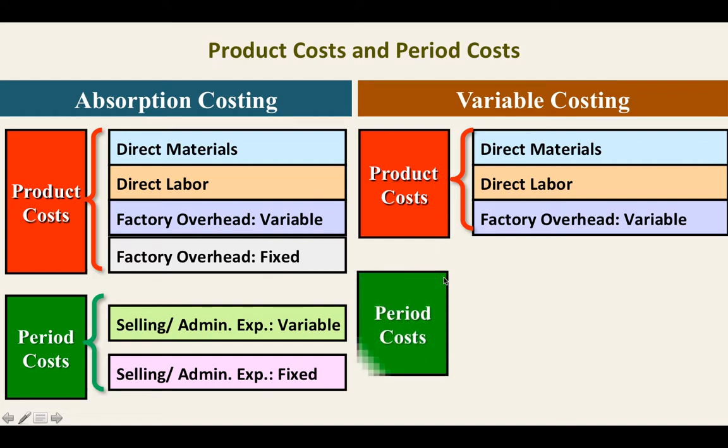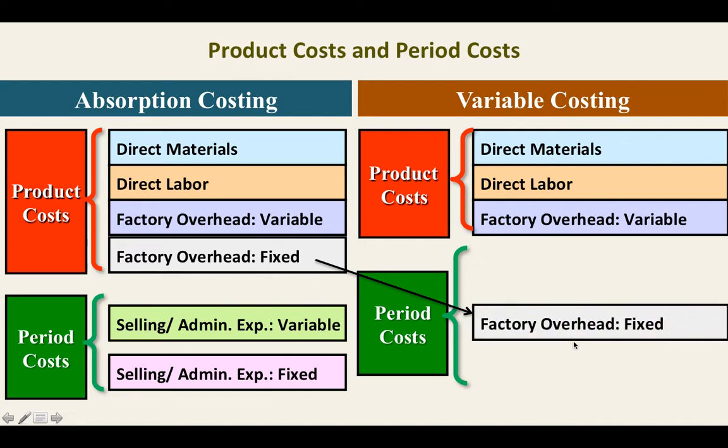Sa period cost, okay, itong factory overhead fixed will be part of the period cost under variable costing. So class, only the variable components ng manufacturing cost ang i-consider as product cost under variable costing. Okay? Yung factory overhead na fixed will be considered as period cost.